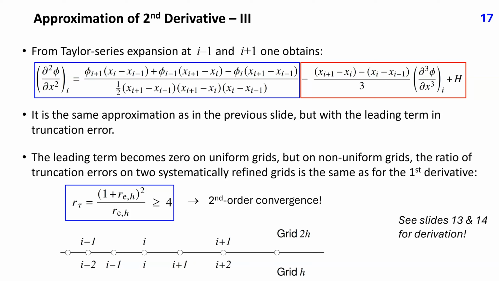However, we can use the same approach as in slides 13 and 14 for the approximation of the first derivative by central differences on non-uniform grids to analyze the behavior of the above leading truncation error term with grid refinement. I am skipping the derivation and show only the final result. The ratio of leading truncation error term on a coarse grid and on a systematically refined grid is greater than 4, thus confirming the second order convergence.